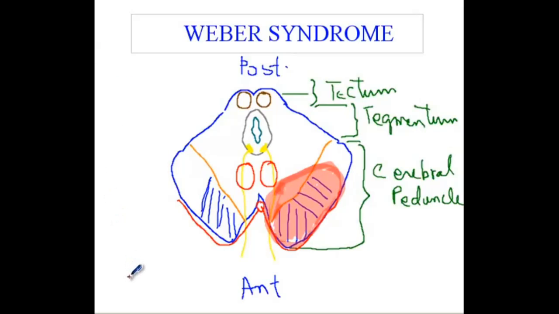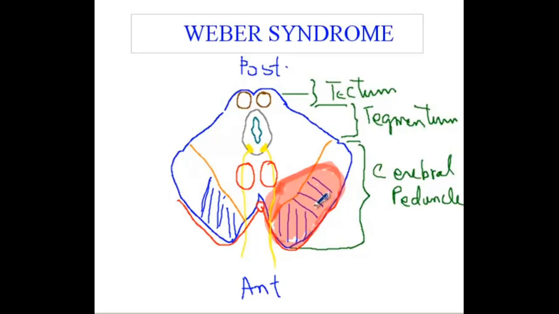Let's go through the anatomy again. We will have the third nerve here. We have the third nerve involved, which would give an ipsilateral third nerve palsy. So you will have a ptosis, the eye would be deviated outwards, and the pupil will be dilated.